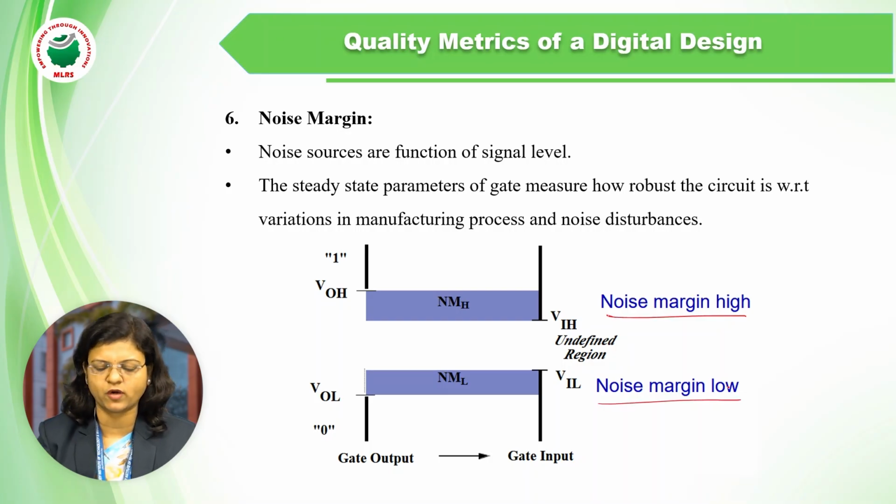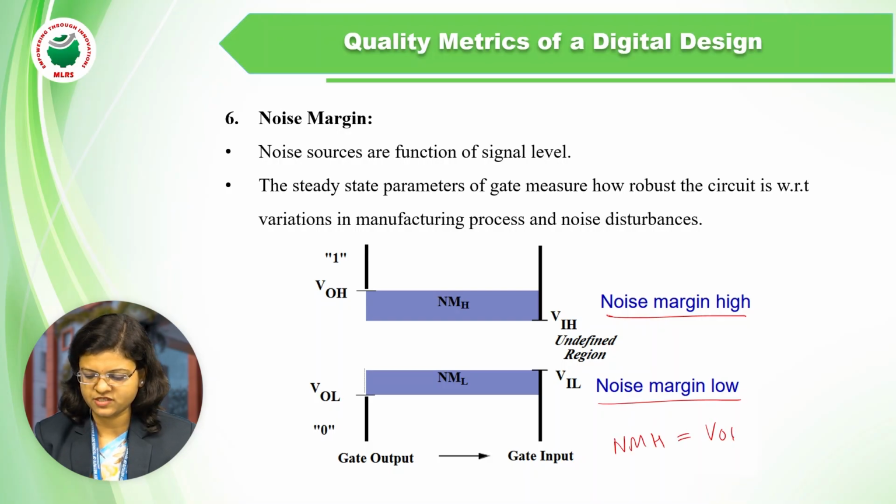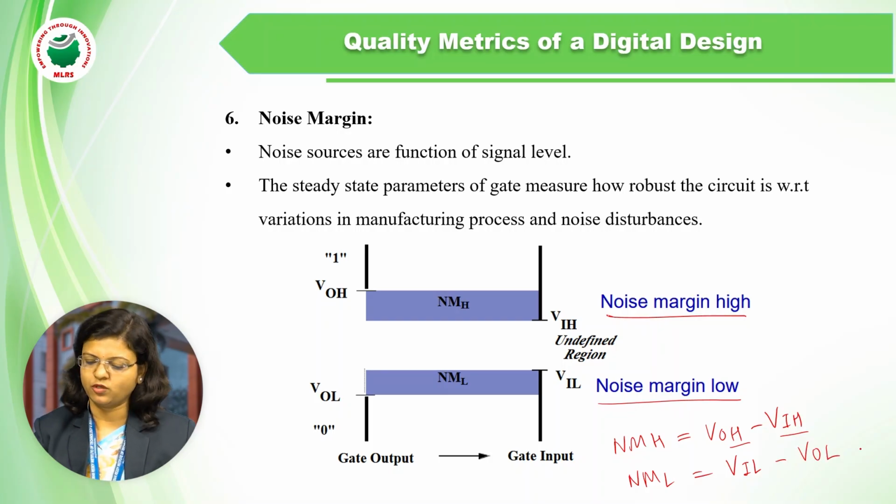If I want to calculate the high noise margin, it is nothing but VOH minus VIH, meaning VOH is the high output voltage, minus VIH, the high input voltage. And if I want to calculate the low noise margin, the formula will be VIL, the low input voltage, minus VOL, the low output voltage.